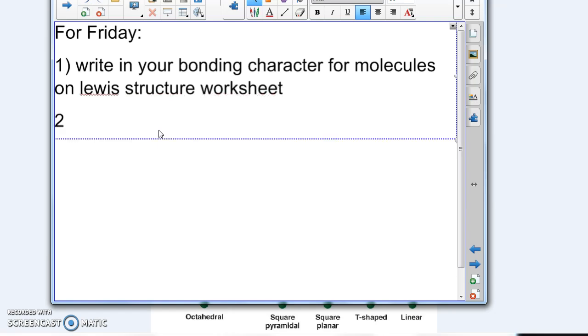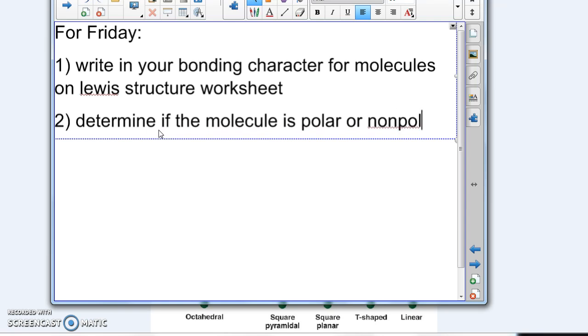The second thing I want you to do is determine if the molecule is polar or nonpolar for each of those molecules.